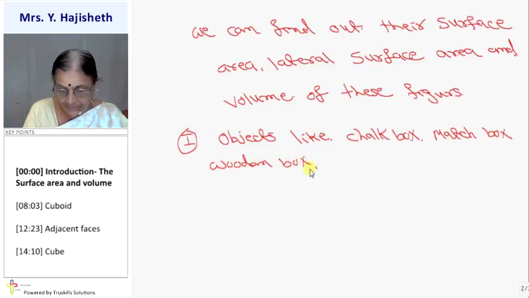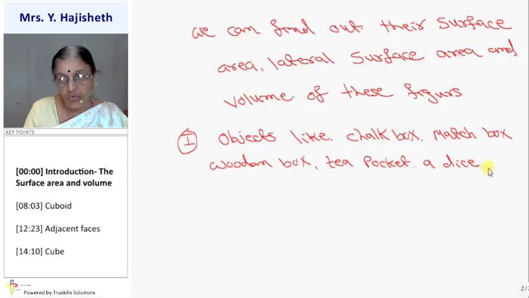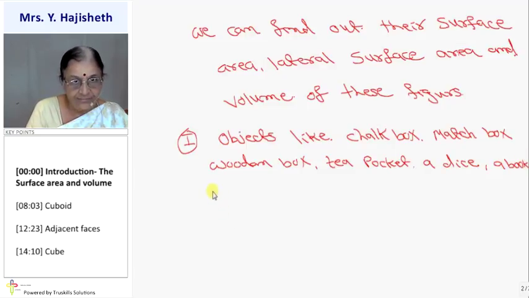Then I can see a tea packet. Not only that, a dice, a book, etc. are alike.